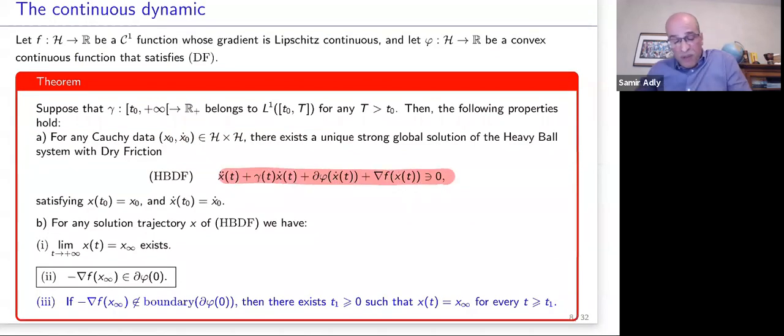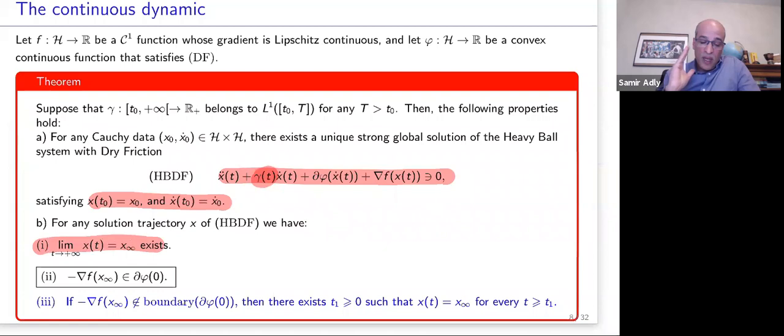And we have this general theorem that says that for any given coefficient gamma, which could be constant or even variable with time t, for any initial condition, the dynamic, the Cauchy problem, has a unique solution. This is very classic.